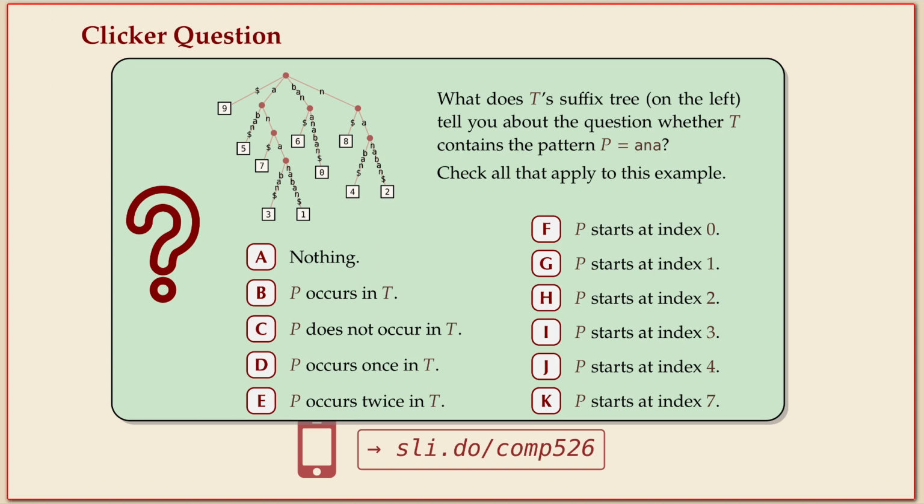Now, before I present you the solution, maybe you can figure this out. If we have a suffix tree like this one, that's the same as on the previous slide, what does that tell us about occurrences of this pattern A, N, A? I teased the whole unit as saying we'll do text indexing, we'll find patterns in the text quickly.